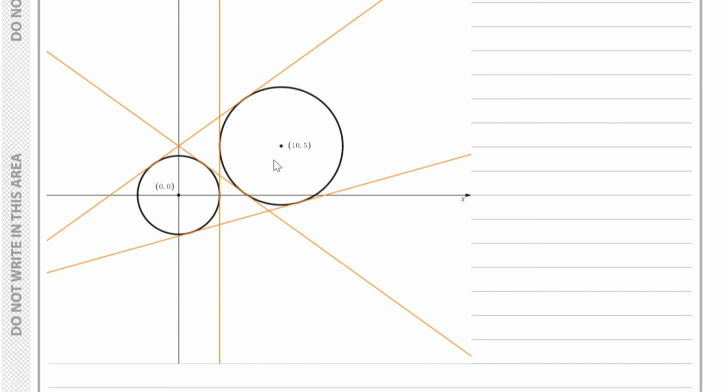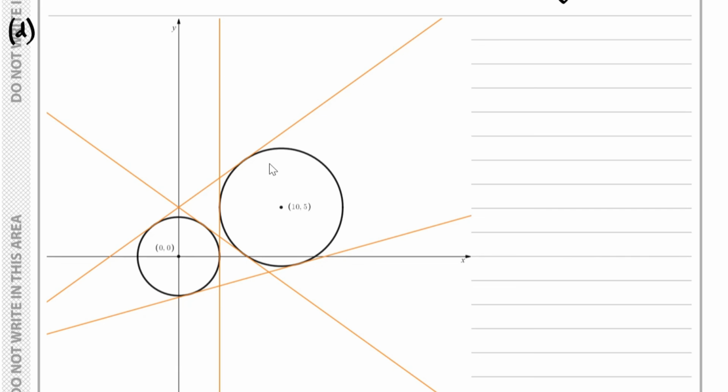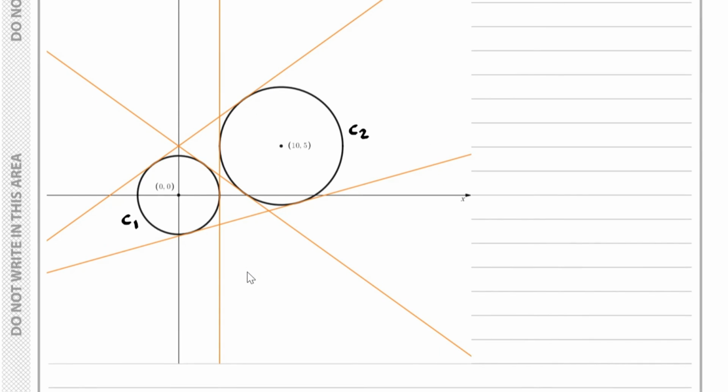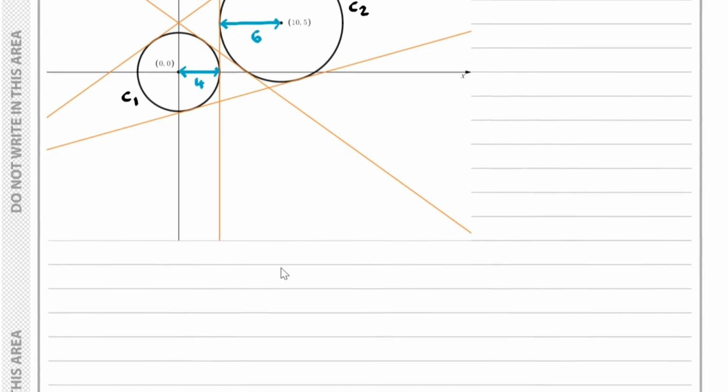So here you can see all of those tangents where we've got our circles C1 and C2, and we mentioned why here we've got a vertical tangent. The reason for that was, this distance between here and here is 4 and between here and here we have 6, and the 4 plus the 6 is 10, and the distance horizontally between this point and this point is 10, which is why we must have a tangent at x equals 4 then.